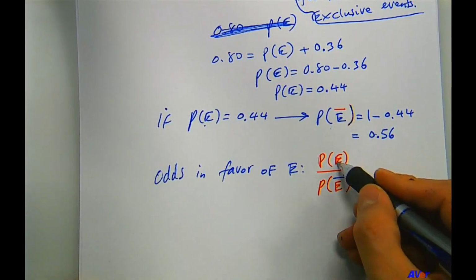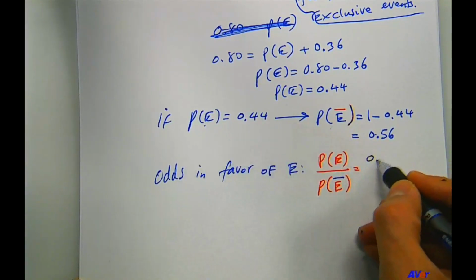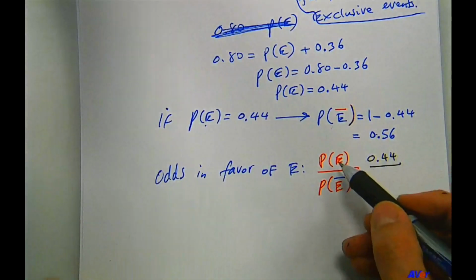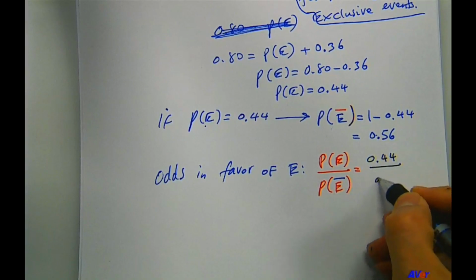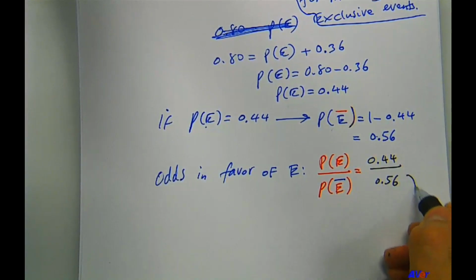So probability of E is 0.44. Again, whatever you're looking for, the odds in favor of something or against something, that probability is in the numerator. You divide it by the complement probability in the denominator. So in this case, 0.56.